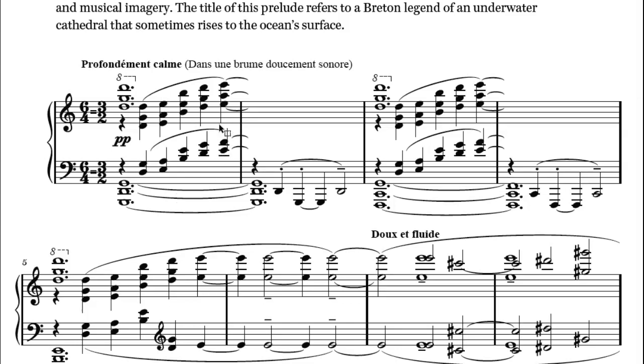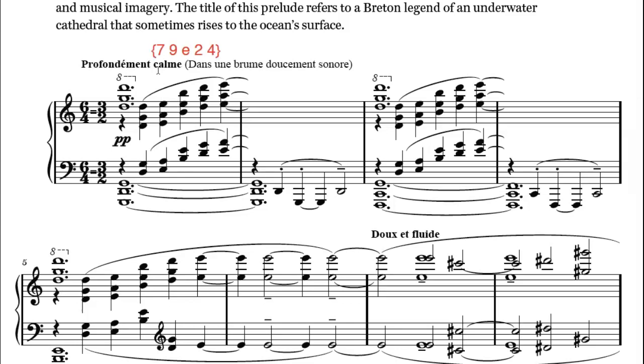Look at the collection of pitches that we see in all of these quarter notes in both hands together. You'll notice there are Ds, Es, Gs, As, and Bs. That's it. If we arrange those in ascending order and start on G, what we get is the G pentatonic collection.